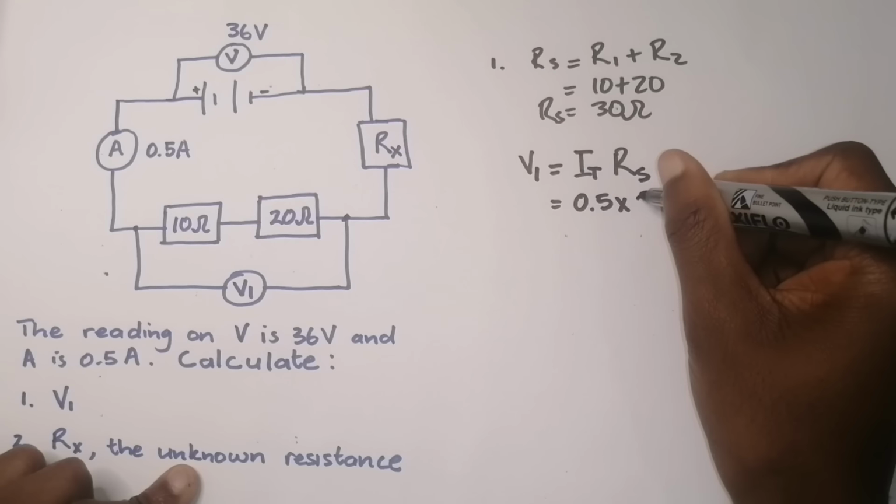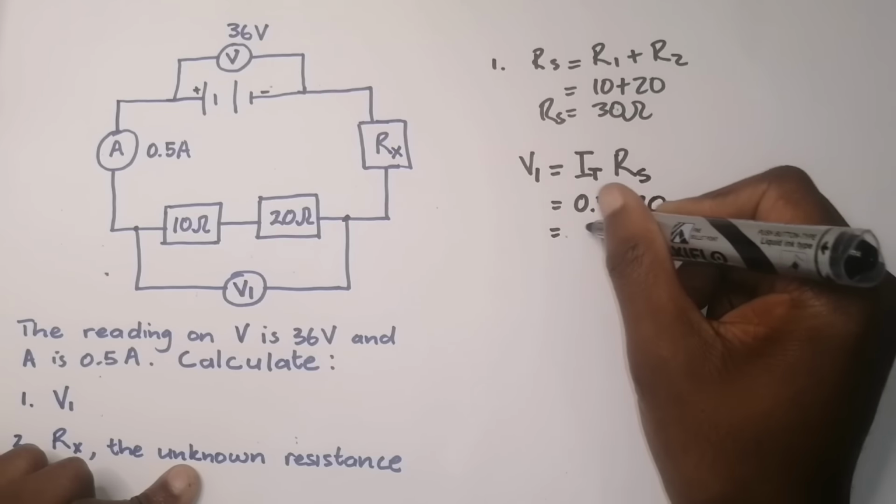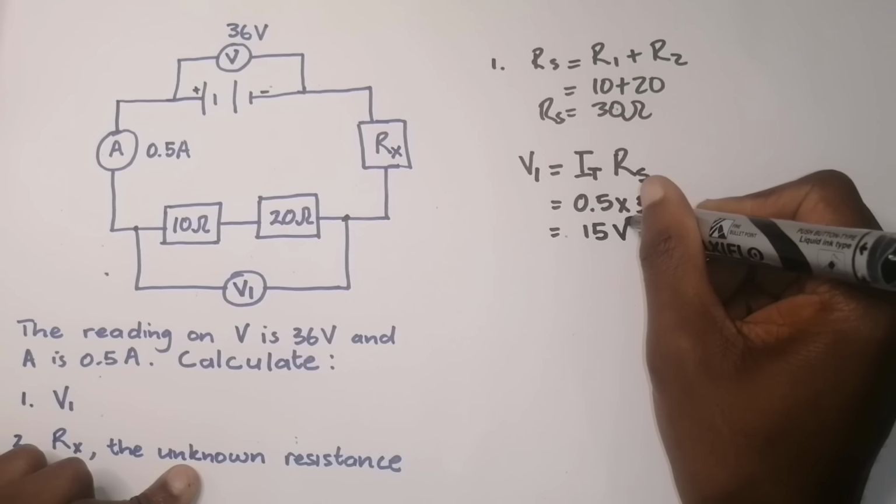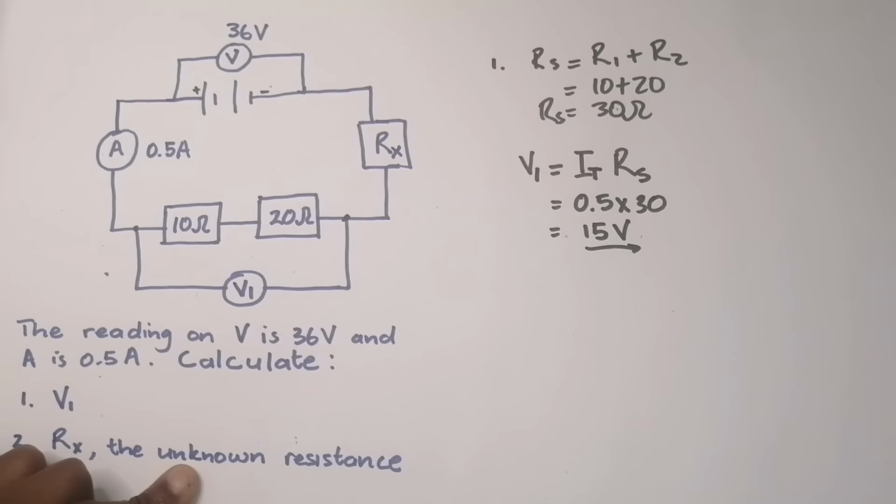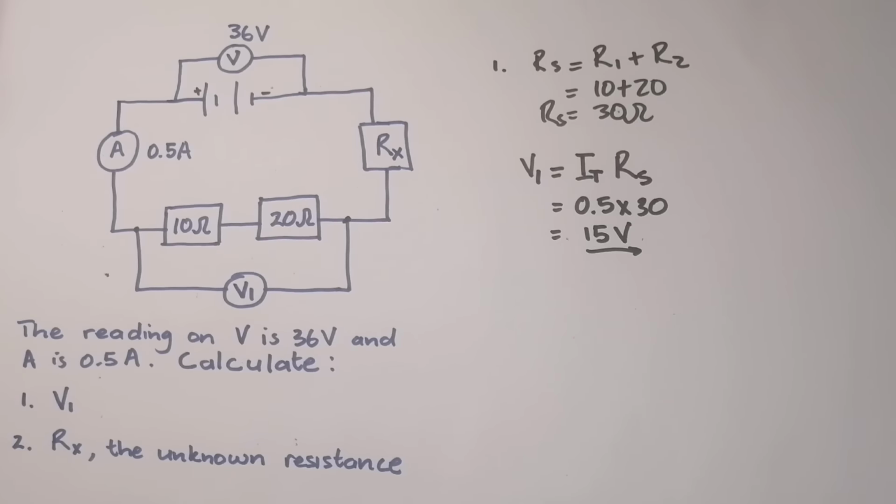RS we said is 30, and I get a value of 15 volts. So the voltage across those two resistors is 15 volts.